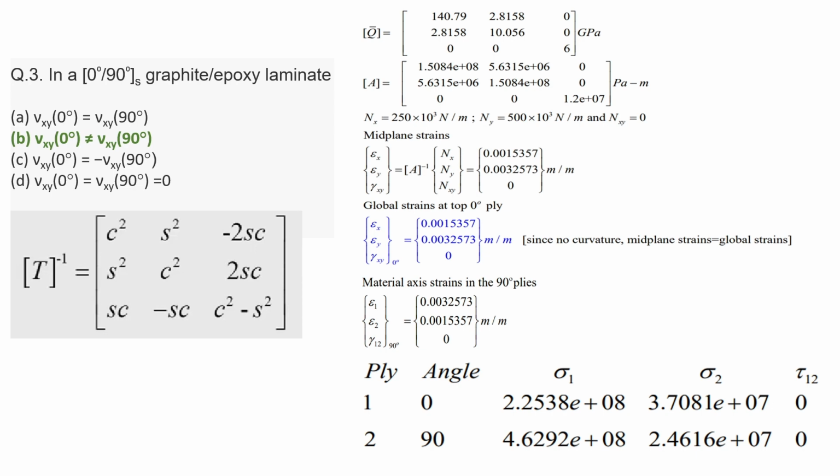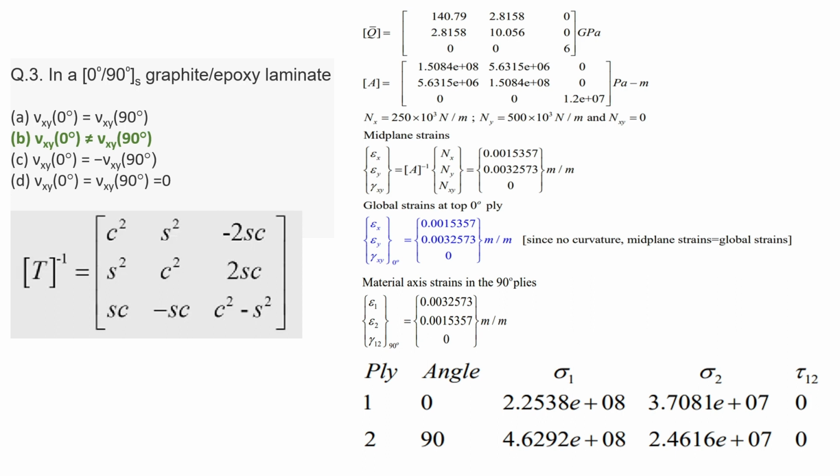So in a 0/90 symmetric graphite epoxy laminate, they're asking what is the condition for the Poisson ratio. Either the Poisson ratio is equal, or non-equal, or one is the negative of the other, or they are both equal and equal to 0. As you know, Poisson ratio is transverse strain by longitudinal strain. When the fibers are aligned at 0 degree, the longitudinal stress in that direction will be higher and transverse will be low.